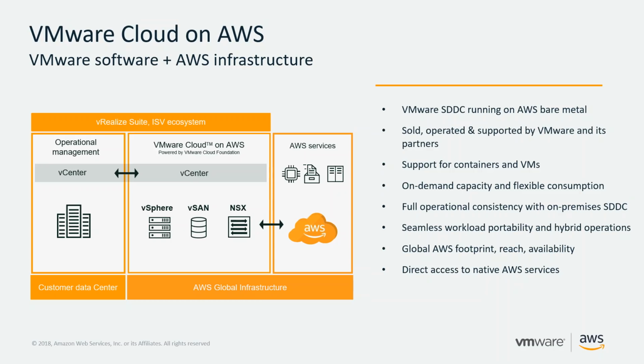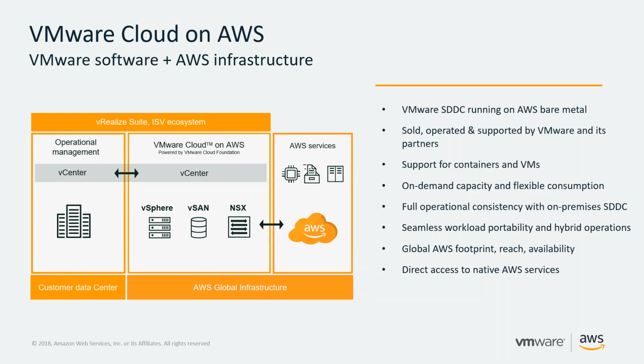You do have the full operational consistency with your on-premises SDDC as well, the seamless workload portability and hybrid operations, the global AWS footprint as far as reach and availability, and direct access to native AWS services. So your VMs can communicate and even utilize AWS services as needed.